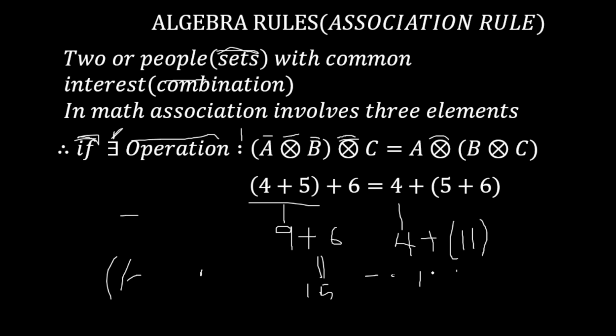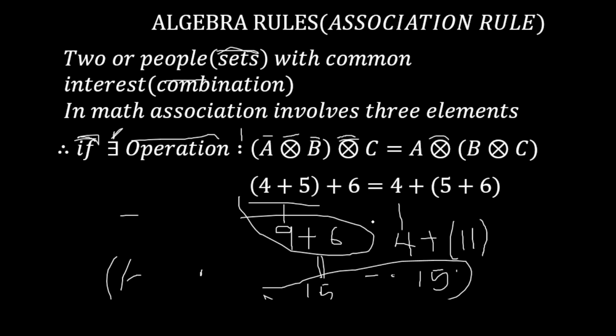This is 15. You can see 15 and 15 are what? Equal. In this scenario, what we are saying here is that since we go through different routes, we go through 2 different steps, and we arrive at the same answer, this operation is association.